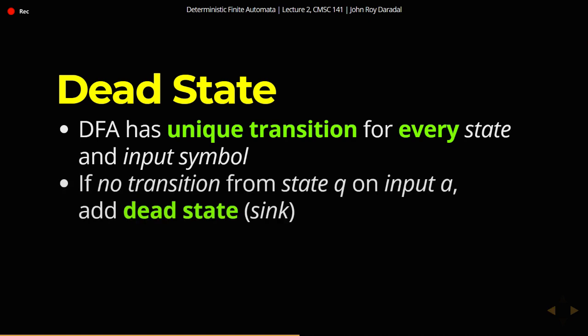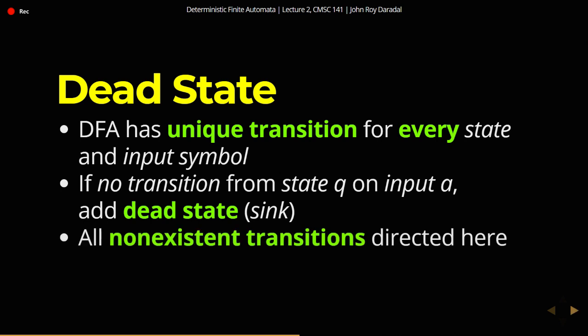If no transition from state Q on input A exists, we need to add a dead state or a sink. This is where all the non-existent transitions will be directed into, because our DFA needs to have a unique transition for each state and symbol. So if there is none, you need to add an extra state wherein you direct all non-existent transitions. We call that the dead state.